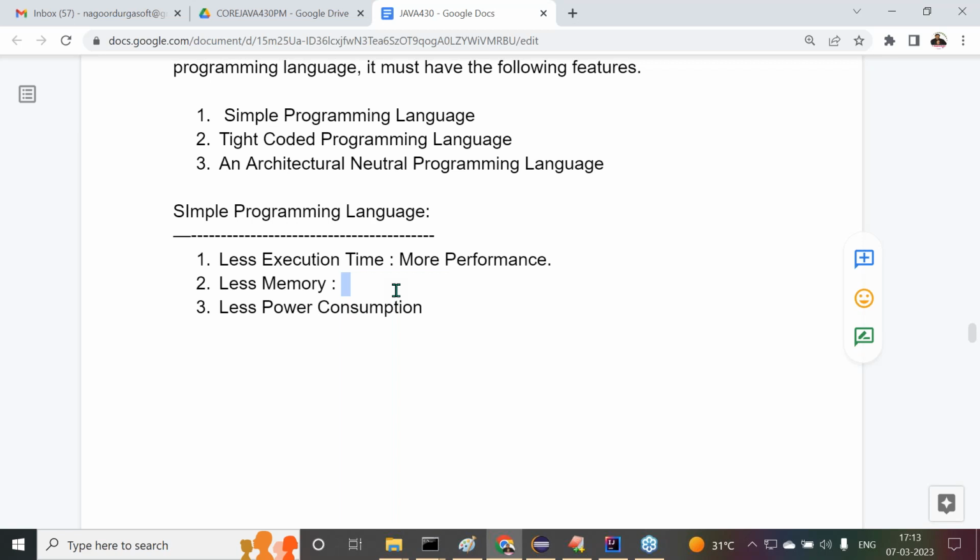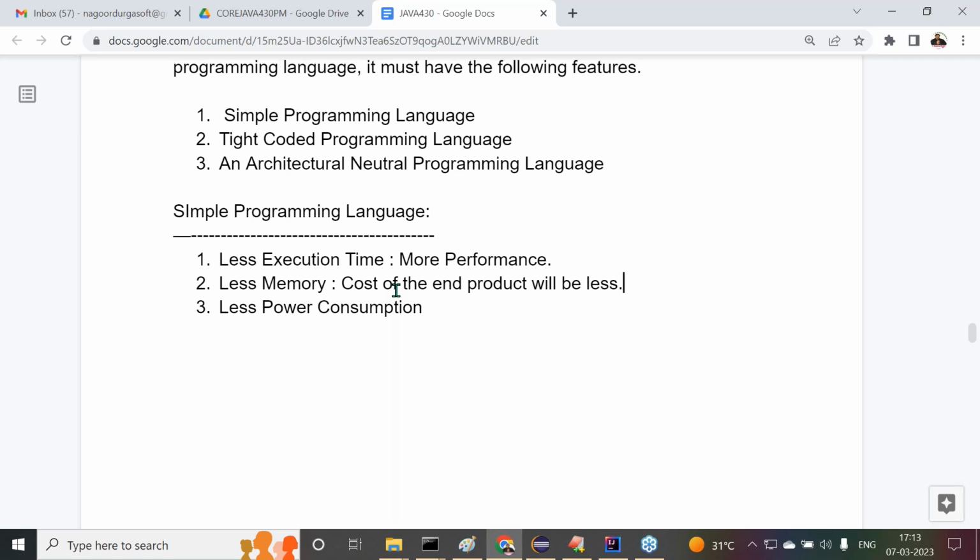If that memory is lesser, then cost of the end product will be lesser. If the cost of the end product is lesser, automatically more members will take that particular product.